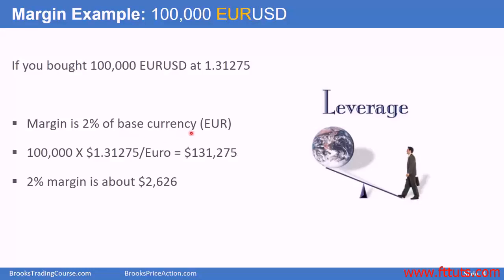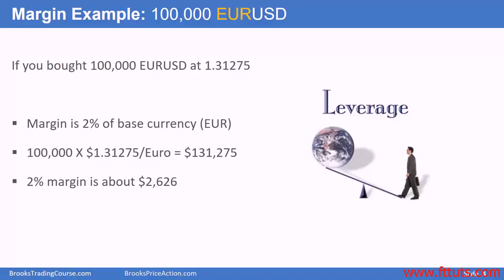That's 2% of the base currency, which is the euro, the first of the two terms. 100,000 units times $1.31275 per euro equals $131,275. So a 2% margin, if you have a US brokerage account, 2% of that is about $2,600. If you want to trade 100,000 euro versus the dollar, you need at least $2,600 in your account.